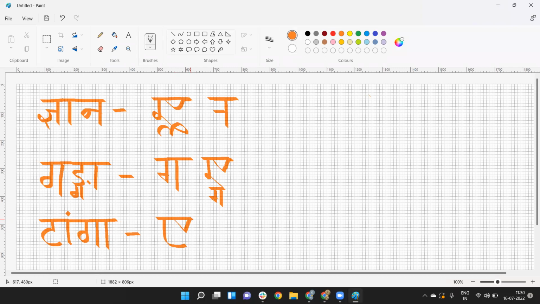The extension of the Shirorekha from the right hand side is very less, as we have in N. Then the bindu on top here. This is how we write it with T.